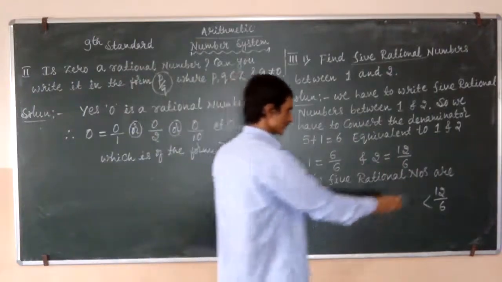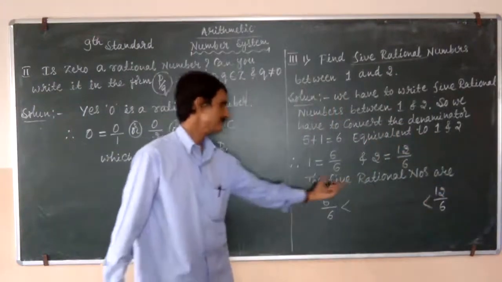In between these two numbers, we have to write 5 rational numbers.